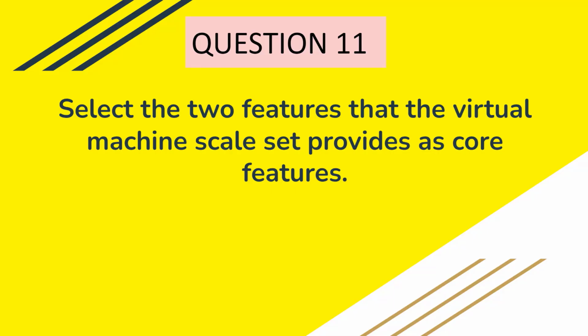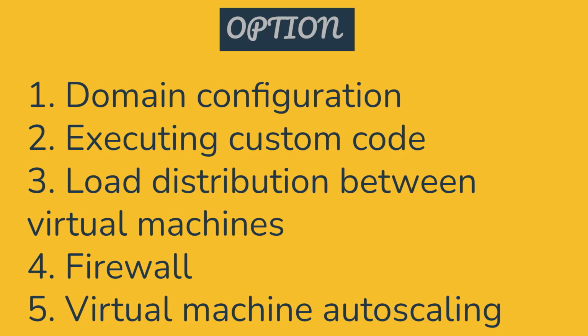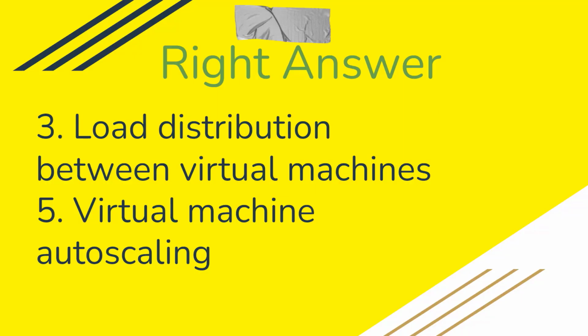Question 11. Select the 2 features that the virtual machine scale set provides as core features. Option 1. Domain configuration 2. Executing custom code 3. Load distribution between virtual machines. 4. Firewall 5. Virtual machine auto-scaling. Right answer is 3.